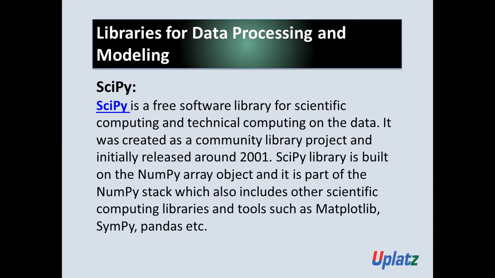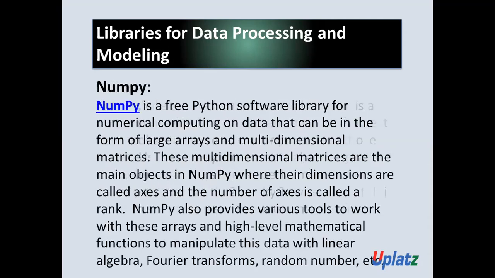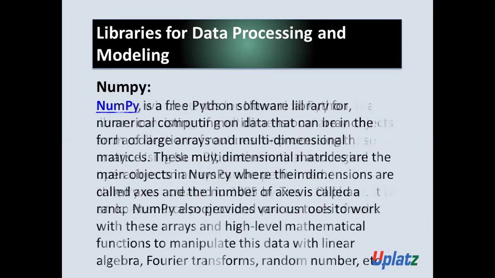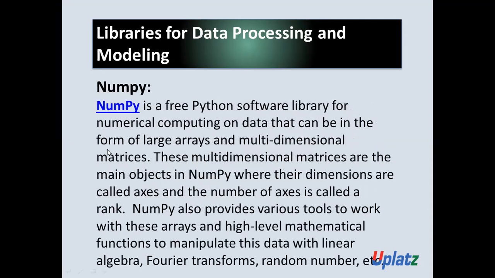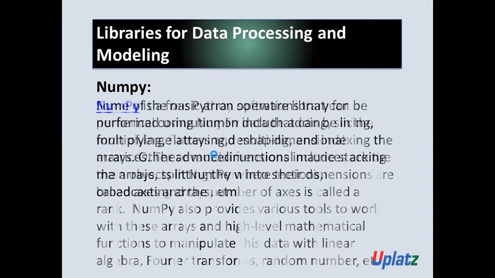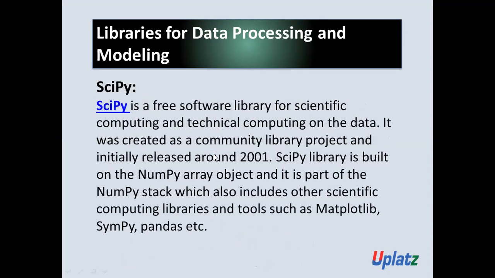NumPy is a free Python software library for numerical computing on data that can be in the form of large arrays and multidimensional matrices, whereas SciPy is a free Python software library for scientific computing and technical computing on data.